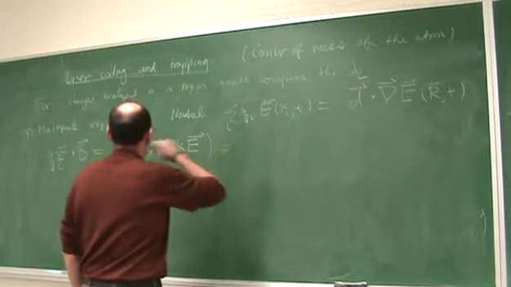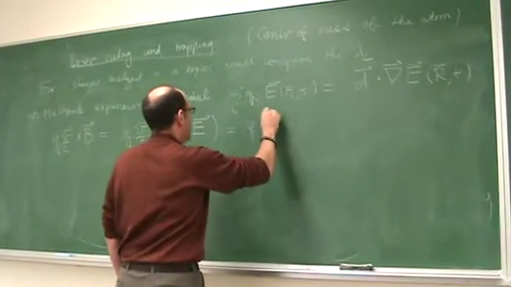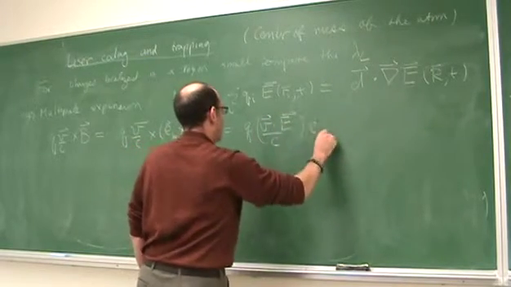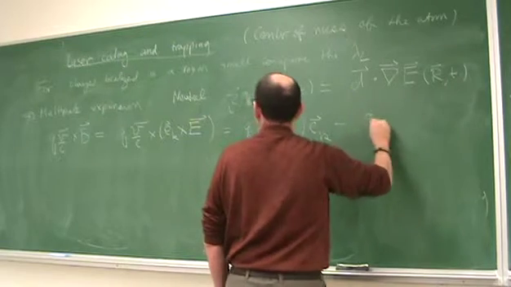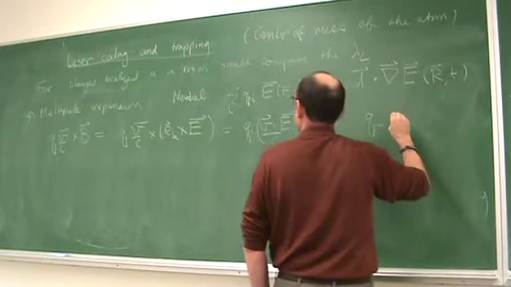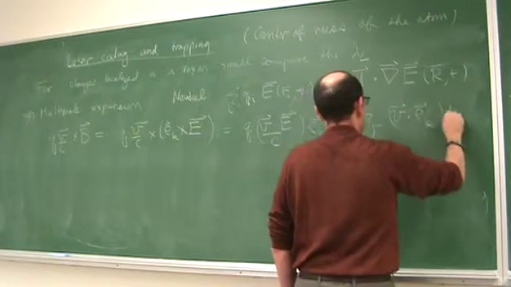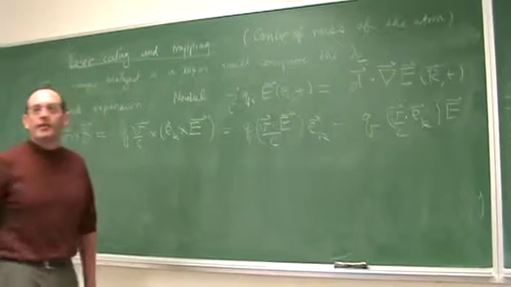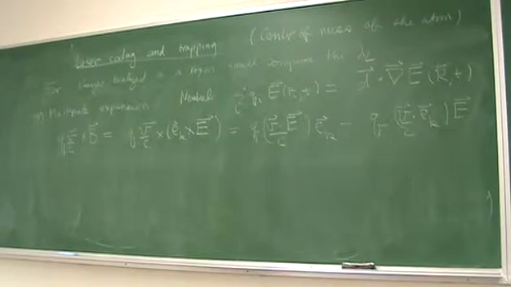So this then is equal to Q V dot E over c in the K direction, using the famous BAC minus CAB rule. Everyone knows BAC minus CAB, right?